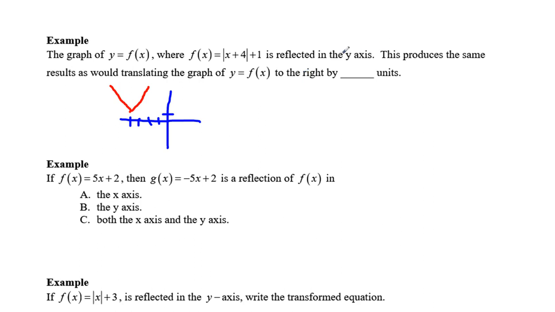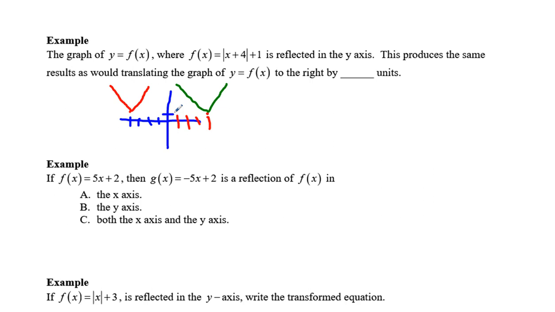Now, it's reflected in the y-axis. Okay? So lo and behold, to reflect this thing in the y-axis would now put it over as 1, 2, 3, 4, right there. And I think it would look something like that. No problem.